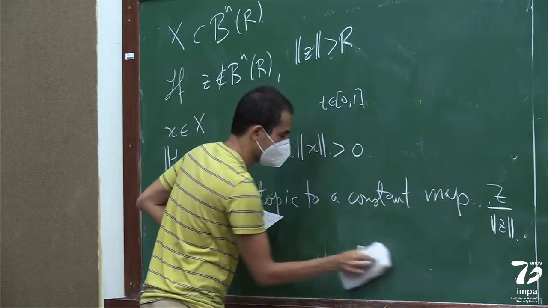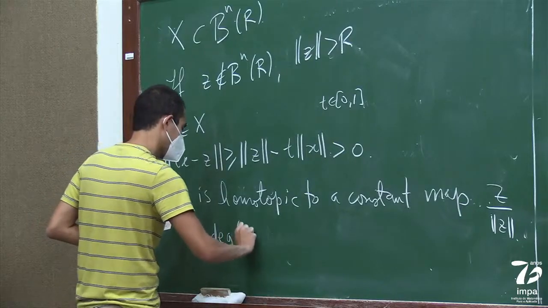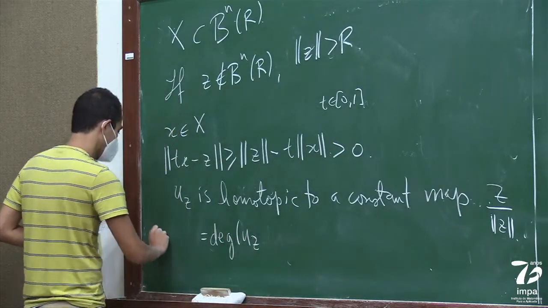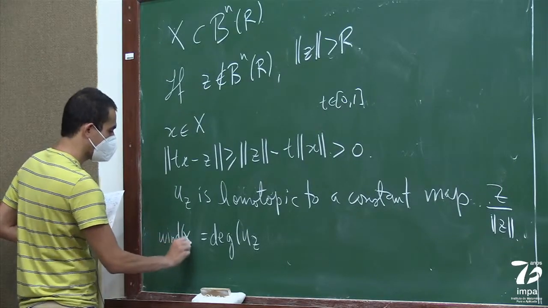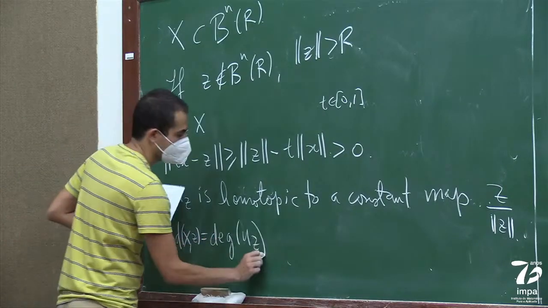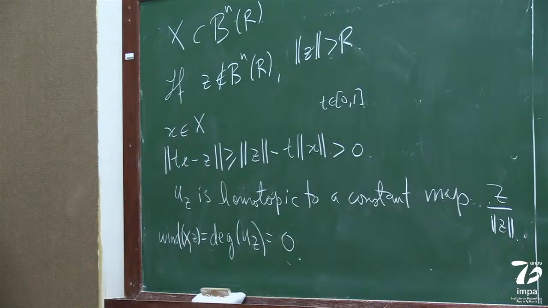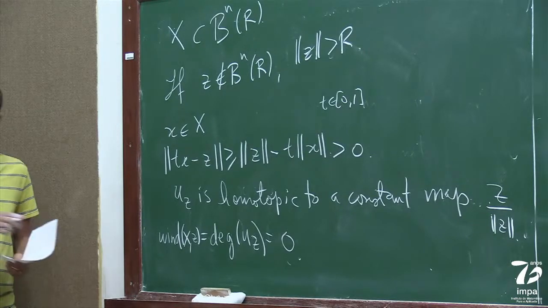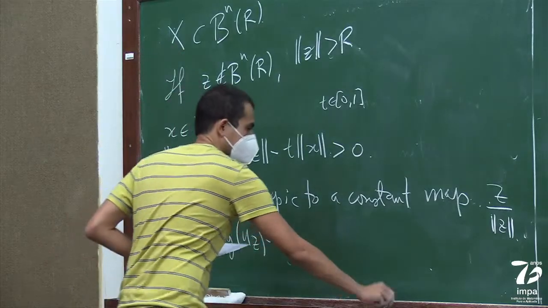So that means that the degree of Uz, which we know is the winding number of X with respect to z, is equal to 0. So that's it. That's the end of the proof.